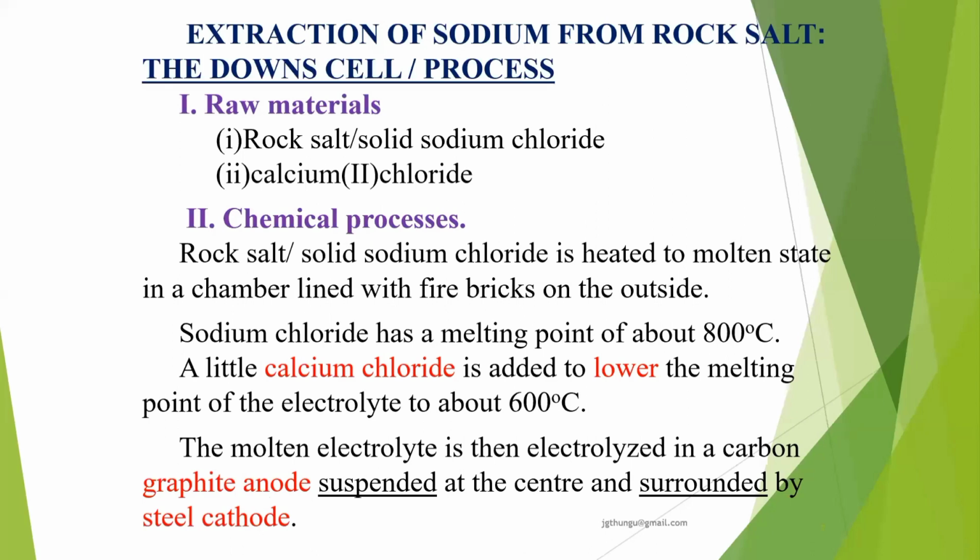So which reaction takes place at the anode? Is it oxidation or is it reduction? Remember, we are looking at preferential discharge of the ions. So in this molten sodium chloride, which ions do we have? We have sodium ions and we have chloride ions.